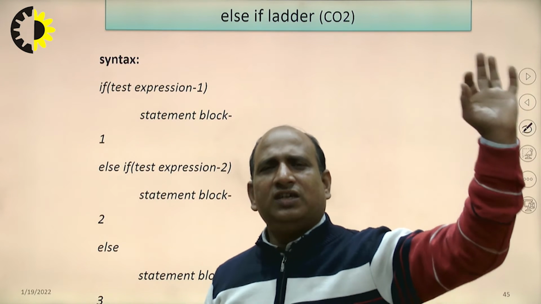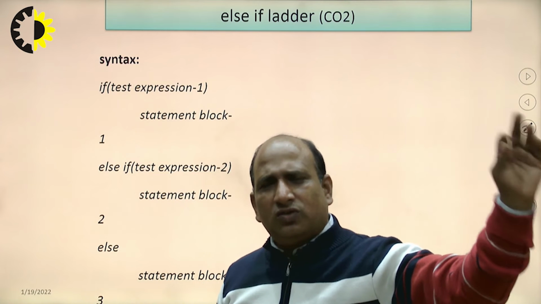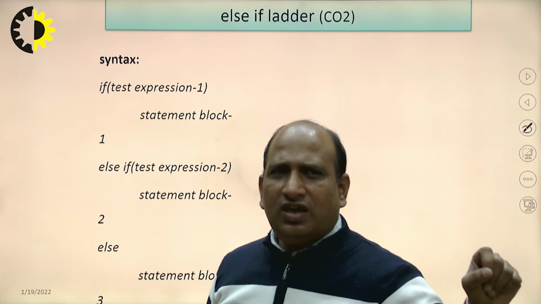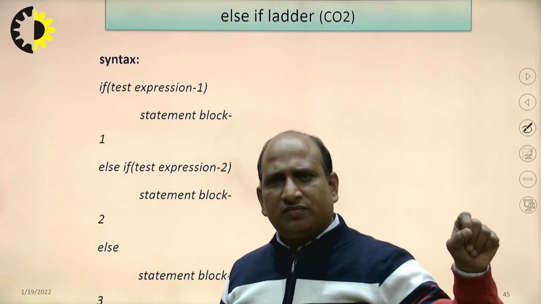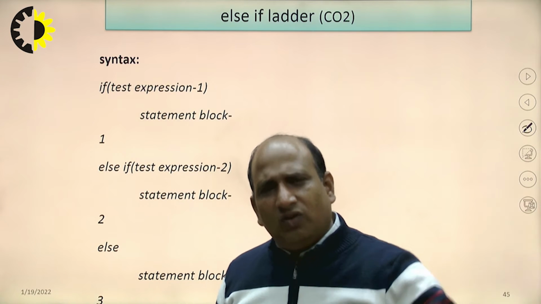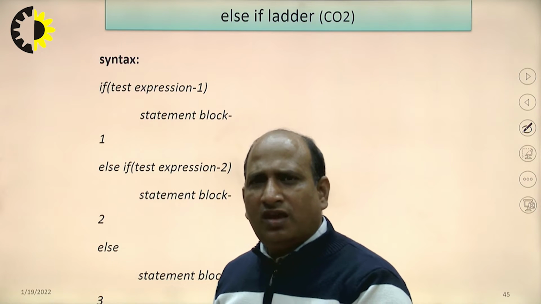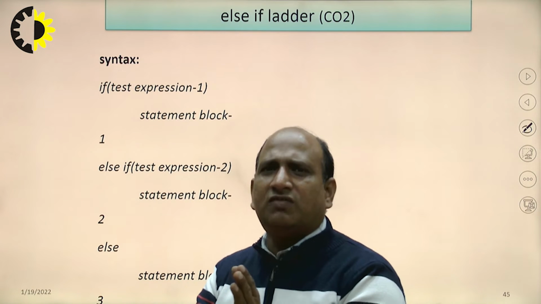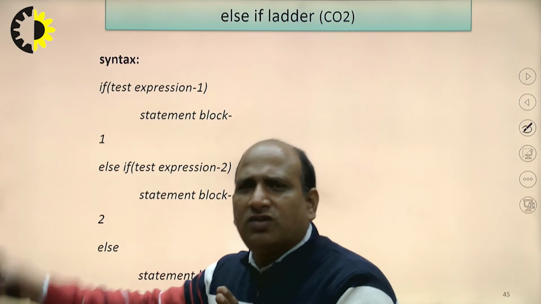If the first condition becomes true, execute the set of statements associated with that condition and leave the rest of the part. Otherwise, if the first condition is false, then only check the second condition. And if the second condition becomes true, execute the code associated with it and leave the rest.